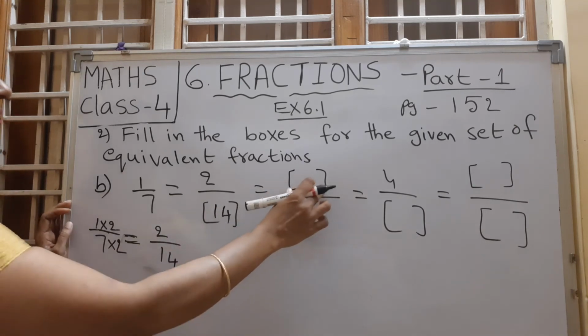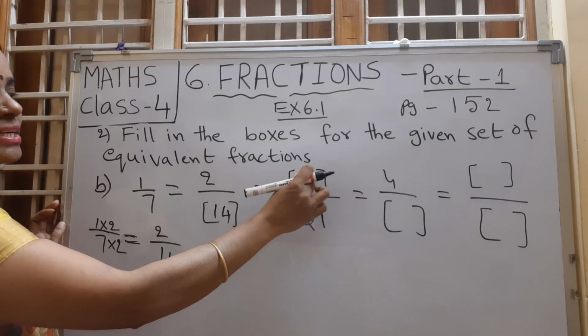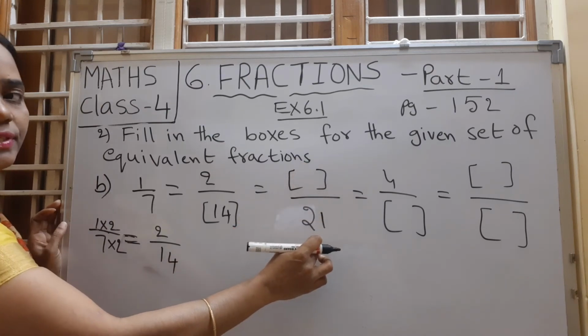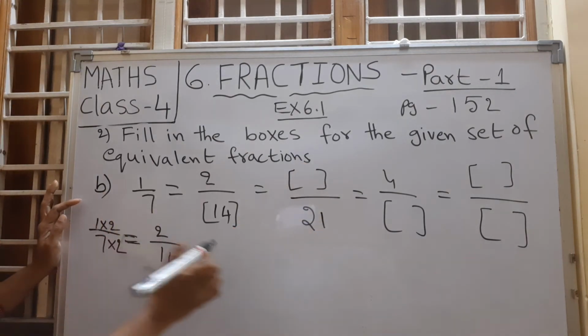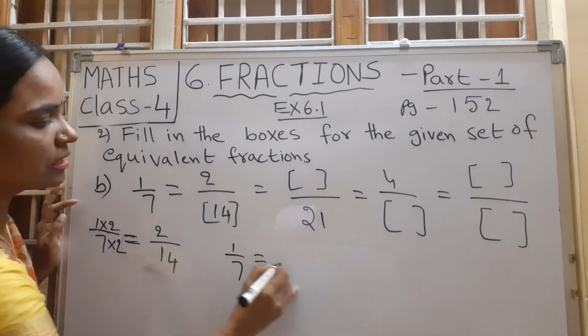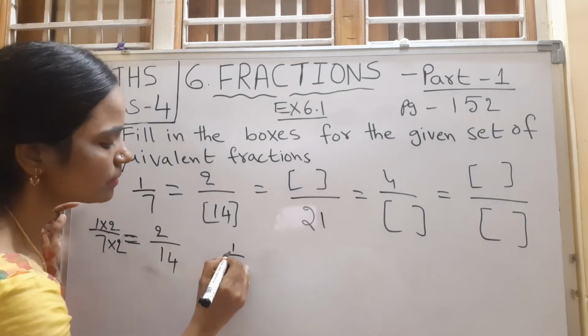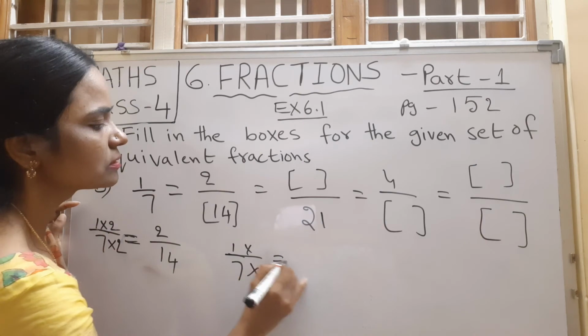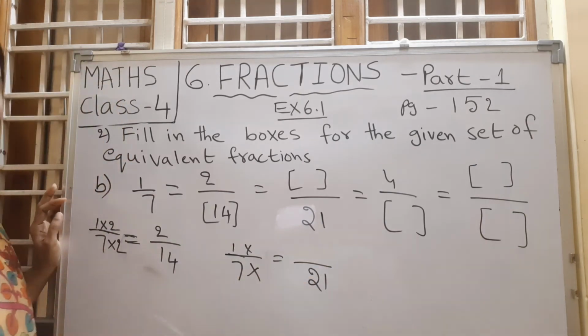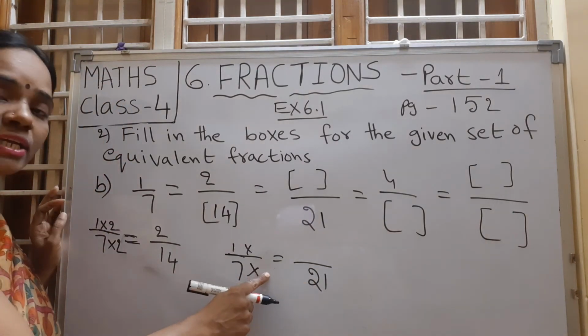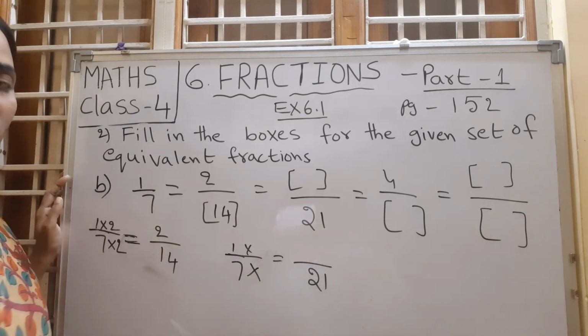Next coming to the third one, we have to find out. Numerator we don't know, denominator is given 21. What is the original fraction here? 1 by 7. So here 1 by 7 should be multiplied by what to get a denominator as 21? So here 7 should be multiplied by what number to get 21?